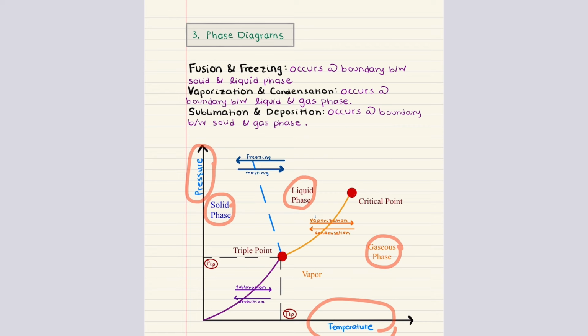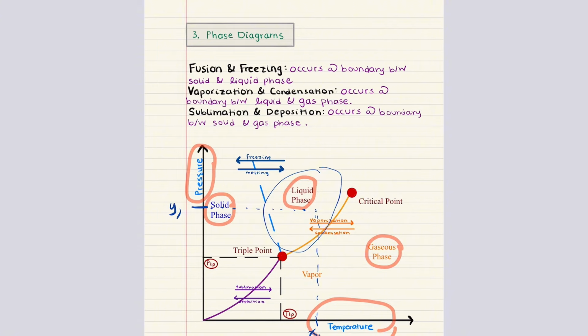Now, each point on a phase diagram represents a different temperature and a different pressure. The various regions are labeled to show the most stable state of the substance under those conditions. So under conditions of temperature X1 and pressure Y1, the most stable state for our substance to exist in is the liquid phase.